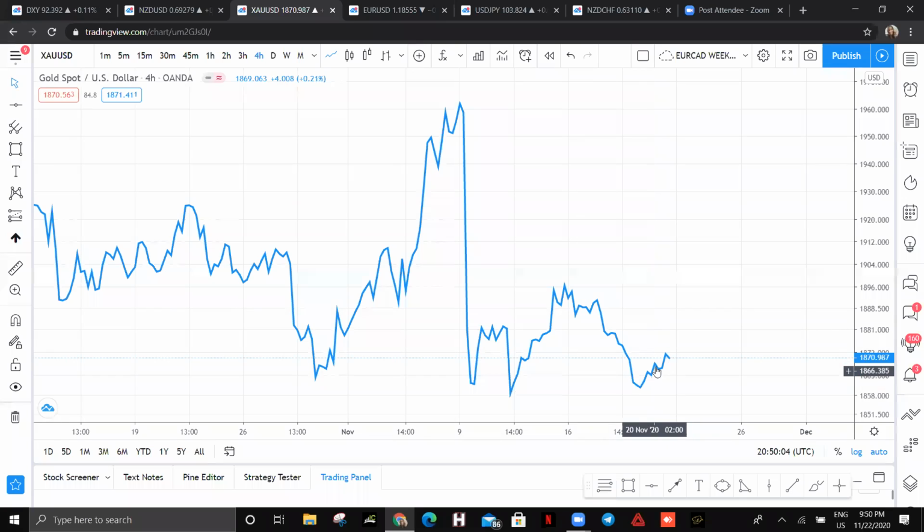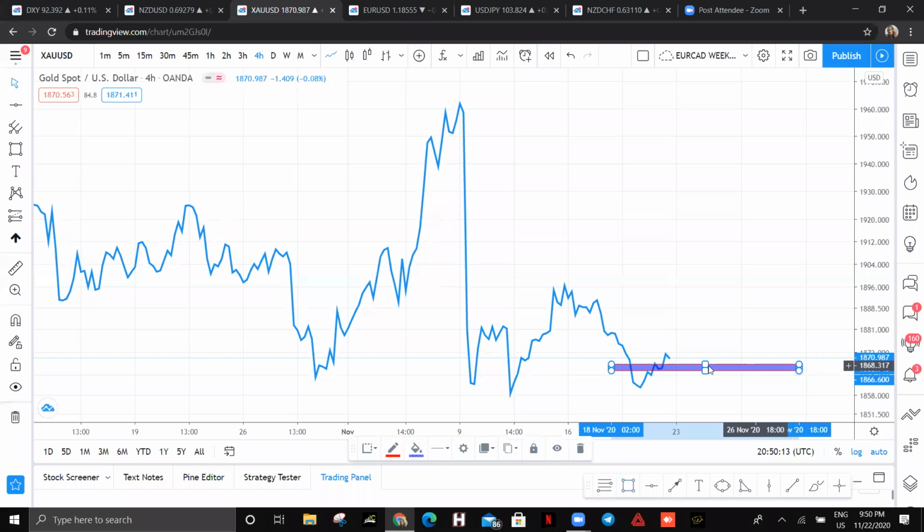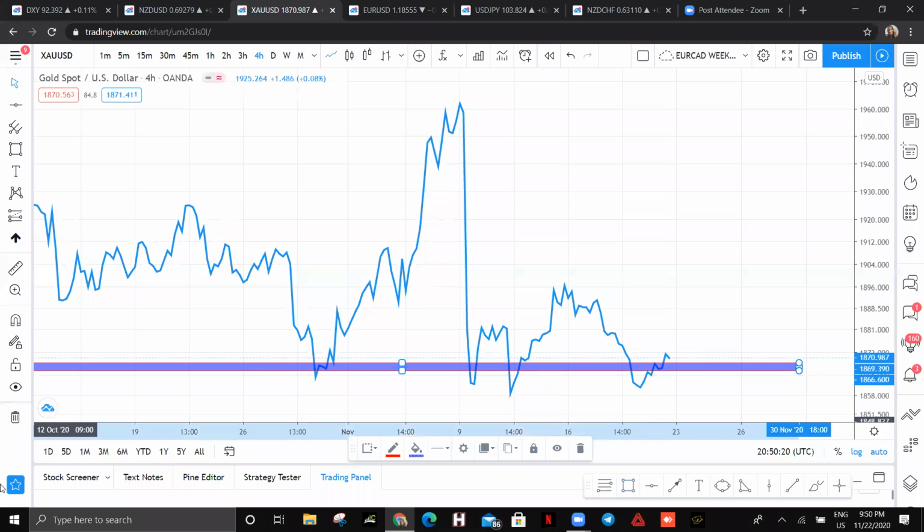The recent pullback is from here down to this place. So I'll pick my rectangular line and draw it from here up to this place. Stretch it. The next one is this particular move from here to here. Though it's tiny, it's also a pullback.